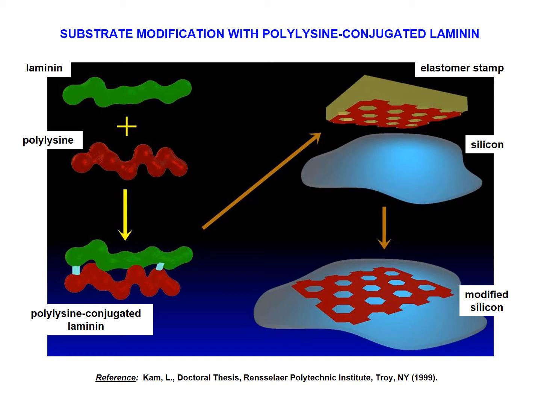In contrast, in the experiments with neurons, the micropattern surfaces had their adhesive polylysine conjugated laminin on the perimeter of the hexagonal patterns. The interior surface of the hexagon did not contain any protein which the neurons recognized and eventually interacted with.